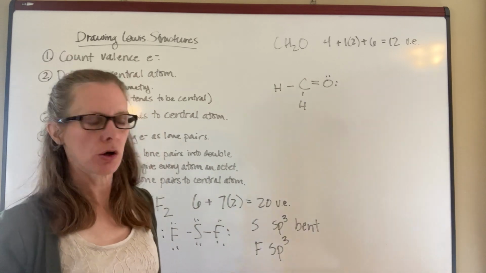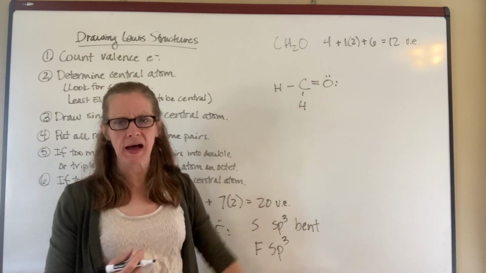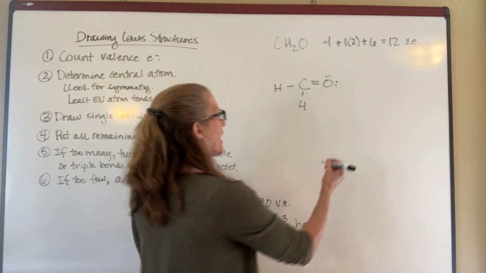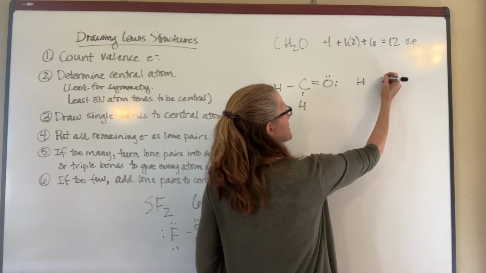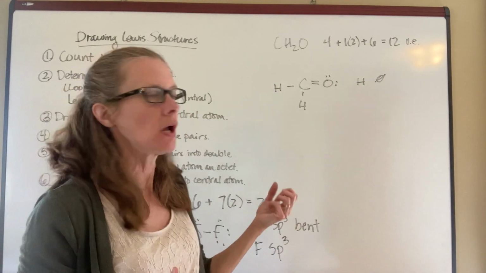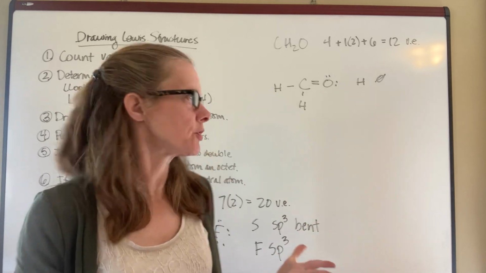Okay. So if I look at the hybridization around each one of these atoms, the hydrogen doesn't have any hybridization because it only has a valence electron in its s orbital, so there's nothing to hybridize.